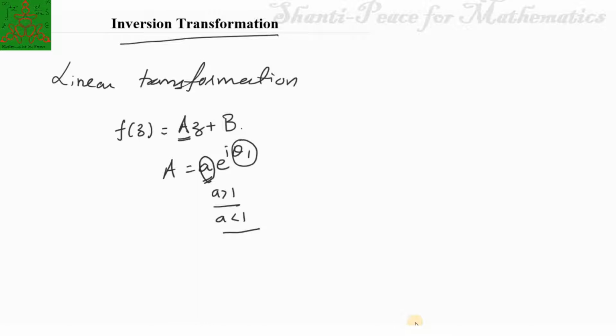The inversion transformation is defined as w = 1/z, which establishes a one-to-one correspondence between the non-zero points of the z plane and the w plane.